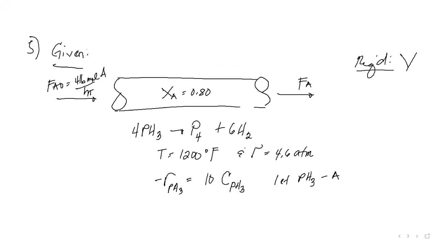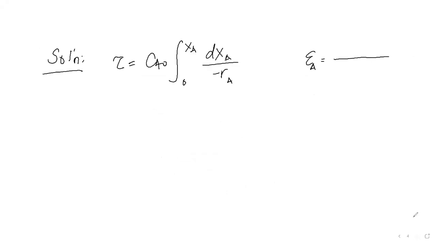So in that case, we have 7 minus 4 over 4. Now you have 3/4. So your epsilon A is equal to 0.75. Okay. This is in cases wherein we have a pure feed.